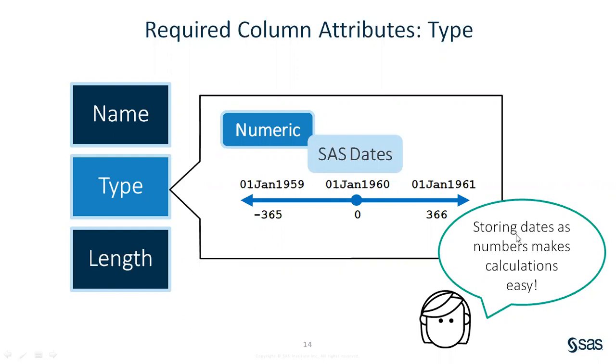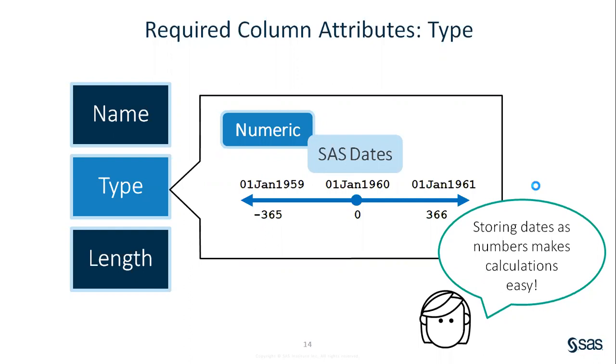For example, if we have to calculate the age of a specific candidate, and dates are saved in the form of numbers, we will be able to calculate his age and do other calculations, like finding the difference between dates also. Hence, SAS saves the dates in the form of numbers.